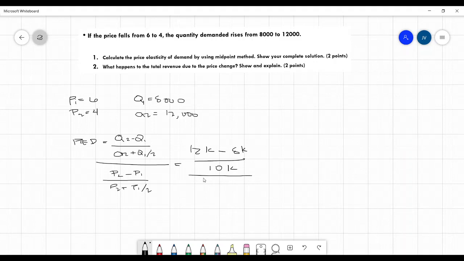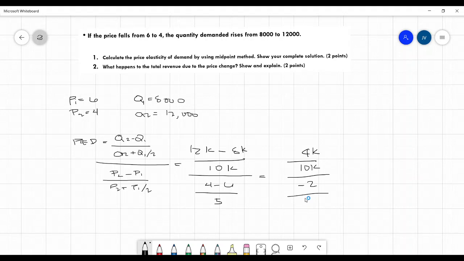If you are following, please solve along. So P2 minus P1, 4 minus 6, over 10 divided by 2, 5. So 12 minus 8 is 4K, 4K over 10K, divided by 4 minus 6, negative 2 over 5.